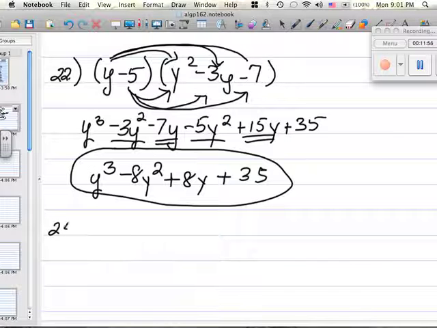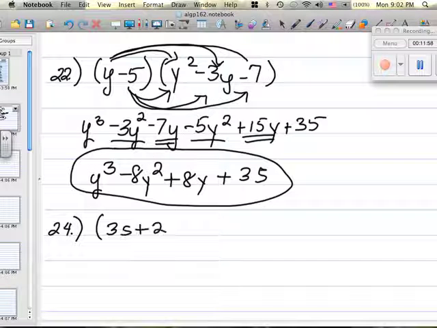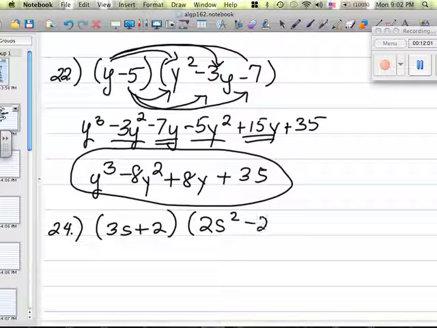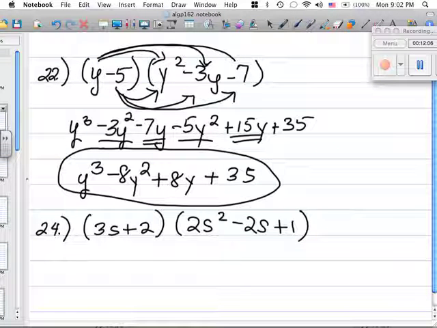Problem number 24, you have 3s plus 2 times 2s squared minus 2s plus 1.